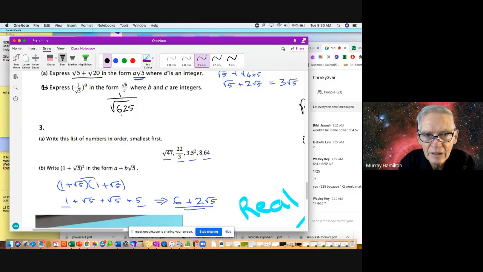Okay, now we have there some square roots in there, 25. So let's look out the square root. So 625 divided by 25 equals, and so that is 1 over square root of 25 times 25.